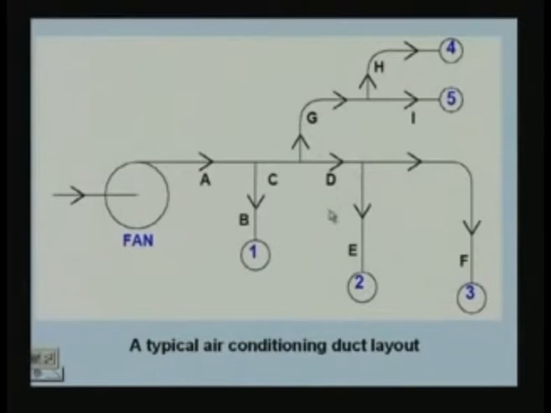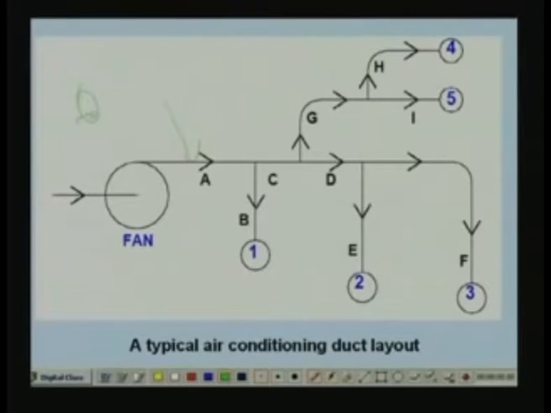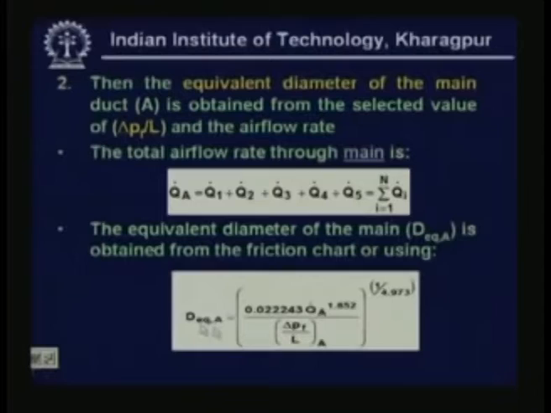If you look at the figure, this is the air flow rate Q dot A through this main duct run A. You can see from the mass balance or volume balance that Q dot A is nothing but Q dot 1 plus Q dot 2 plus Q dot 3 plus Q dot 4 plus Q dot 5. So, this is equal to the summation of the different Q dot i's, which is known to us. So, Q dot A is known from the air flow rates in the different conditioned zones.